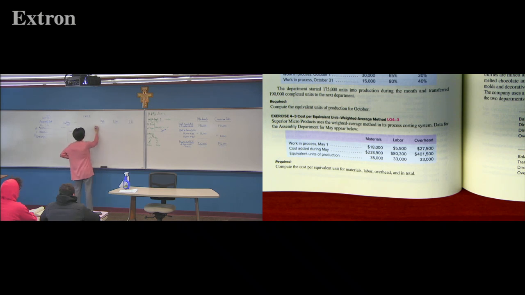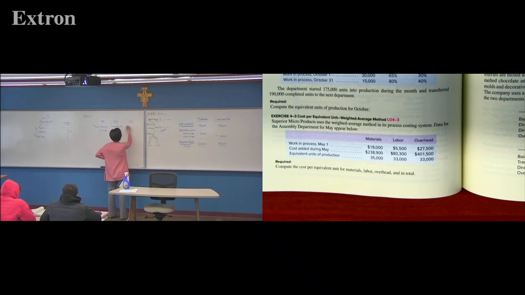And I'm going to actually set that up just like the formula was set up. So 18,000, right? Plus 238.9 divided by 35,000 units. Okay? And you're going to do the math for me. Labor, 5,500 plus 80,300 divided by 33,000 units equals whatever that is.